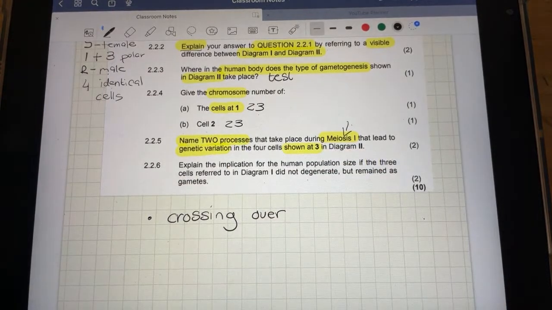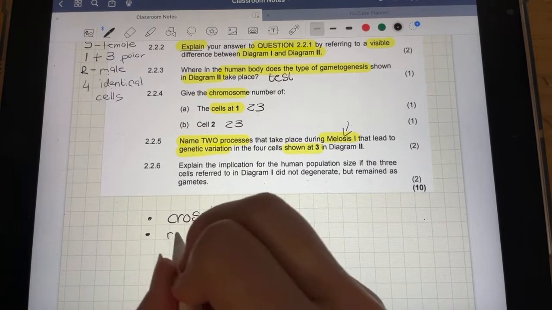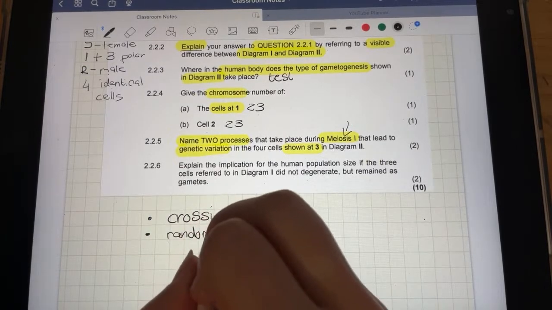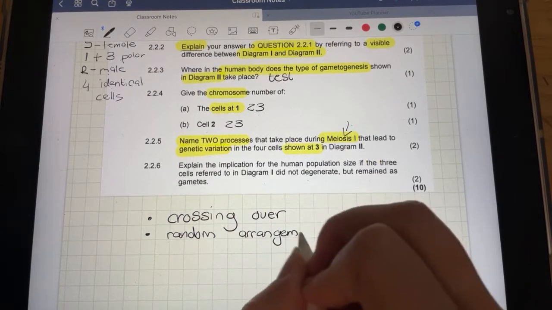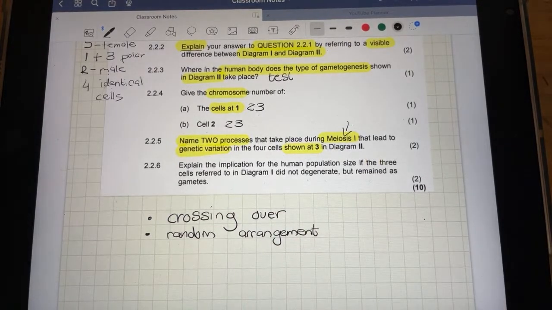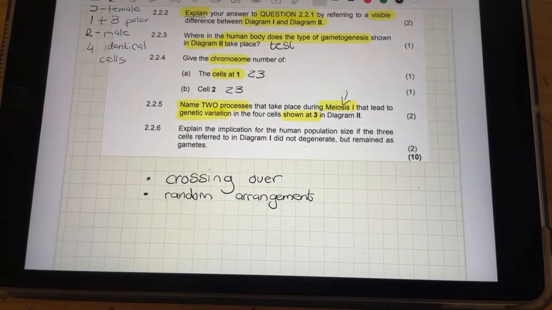Remember, it cannot occur in meiosis 2. And then the second one would be random arrangement. And that's really it. That's all you need to give. We don't talk about independent assortment right now, and I would suggest not giving that answer. I also wouldn't give mutation either.